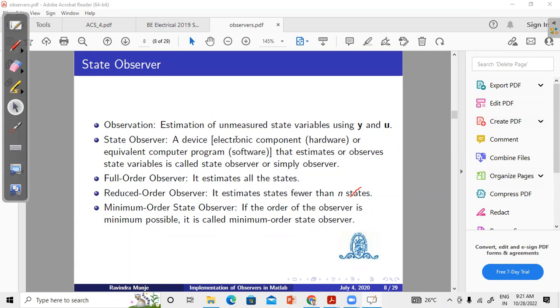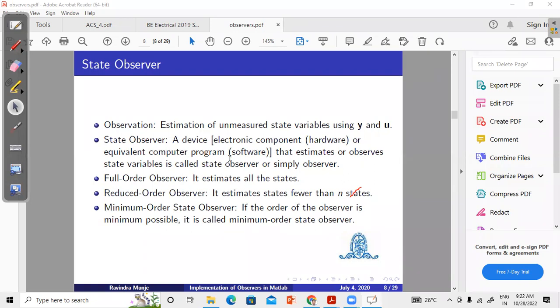A state observer is a device, it can be an electronic component, hardware, or the equivalent computer program that estimates or observes the state variables. It is called a state observer or simply observer. A full order observer is where we estimate all the states.